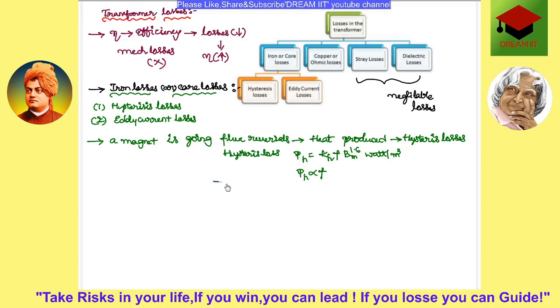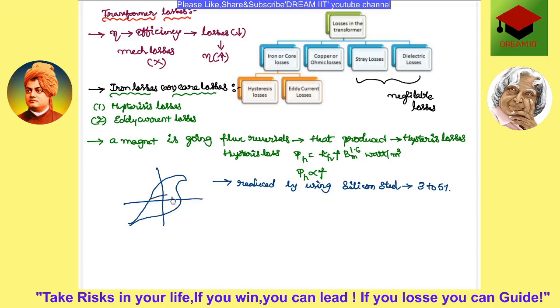Hysteresis losses can be reduced by using silicon steel. For manufacturing the magnetic core of the transformer, we use steel with 3 to 5% silicon added, so that we can reduce the hysteresis losses. You have studied in lower classes the hysteresis curve. The area of this entire curve gives the hysteresis losses.